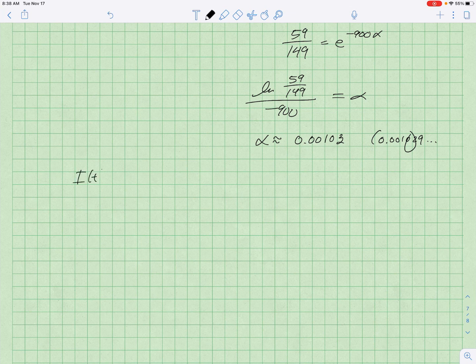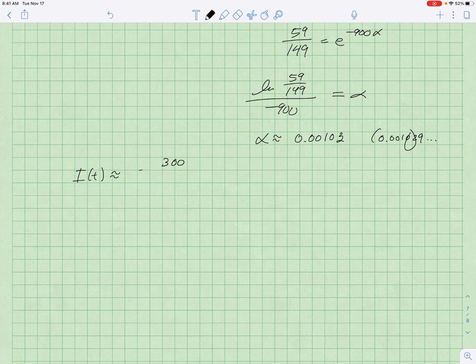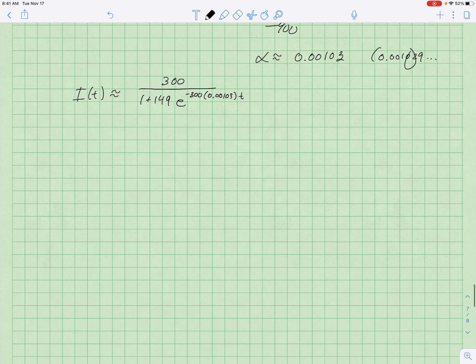The number of infected over time is approximately 300 divided by 1 plus 149e to the negative 300 times 0.00103 t. And so the question is, how many people are infected after 2 weeks?